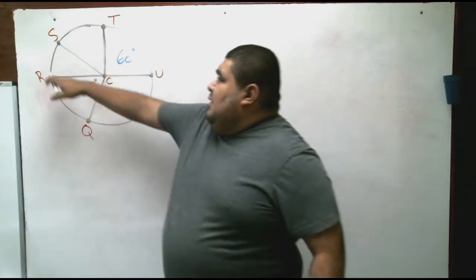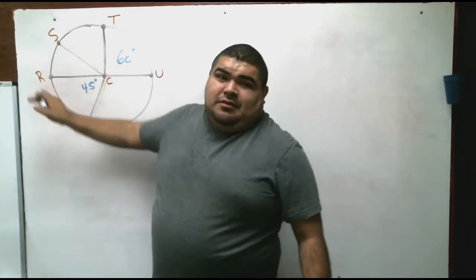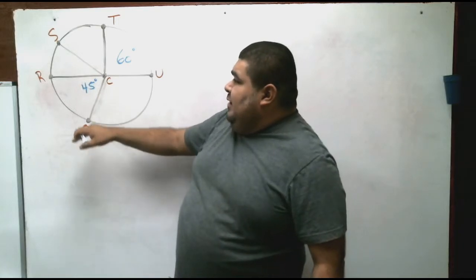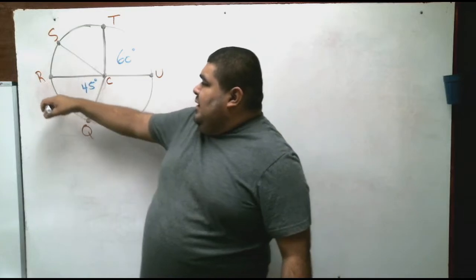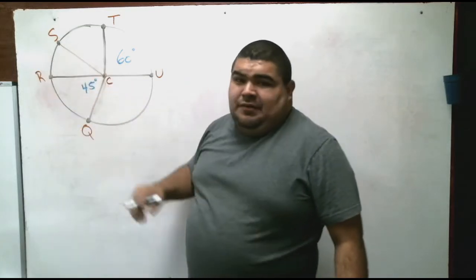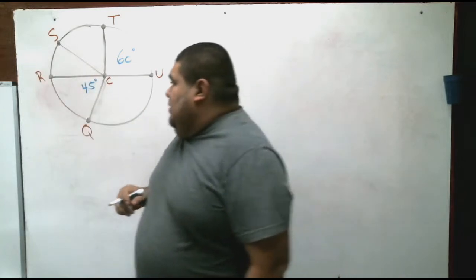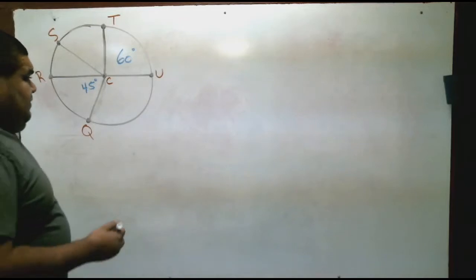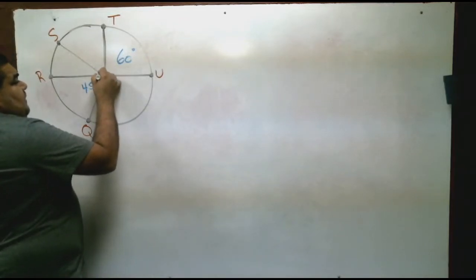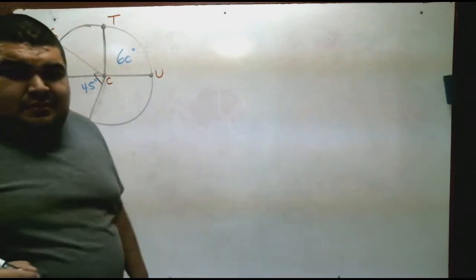It tells us that S, R, and Q, okay? That means that this arc here, if you guys remember, the outer part is an arc, has a measurement of 90 degrees. So that means that the angle on the inside is 90 degrees.